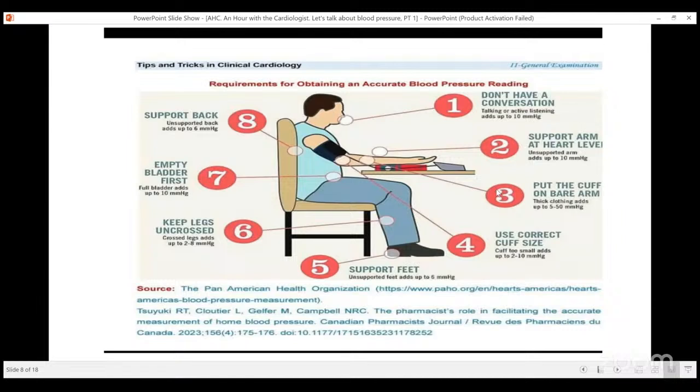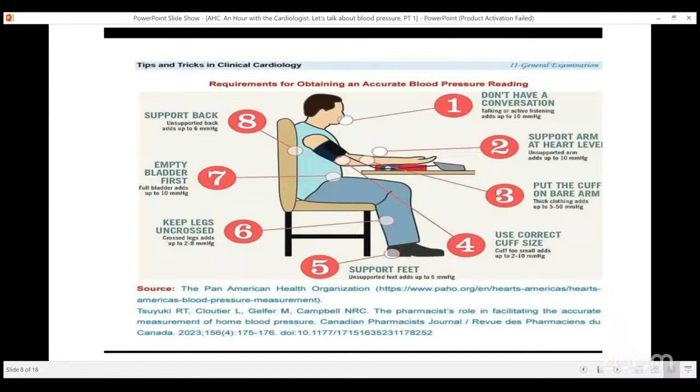If your blood pressure is supposed to be 130 or 132, and while talking it gives it another 10, you cross to 140 something and you may be alarmed. So please maintain a quiet environment and be relaxed before you check your blood pressure. While checking, make sure that all conversation stops. Or even before you check, don't talk, just relax, and that will be fine.